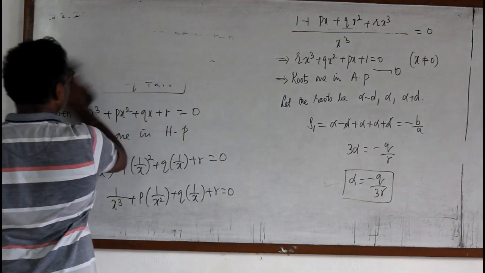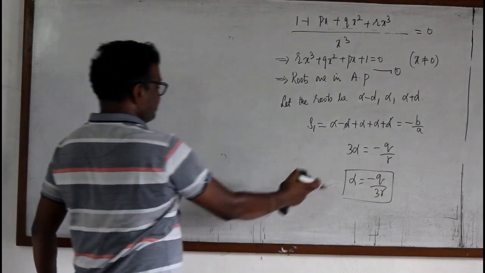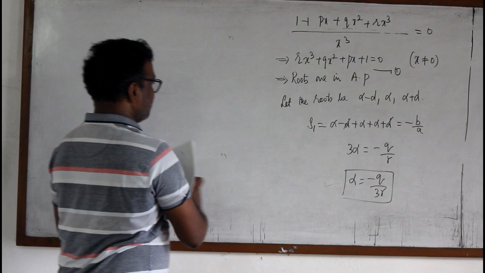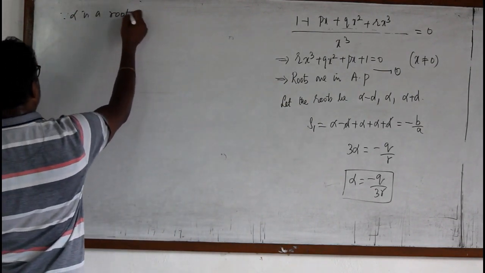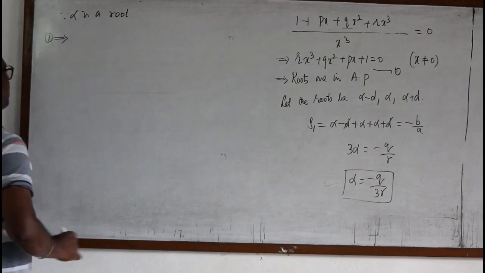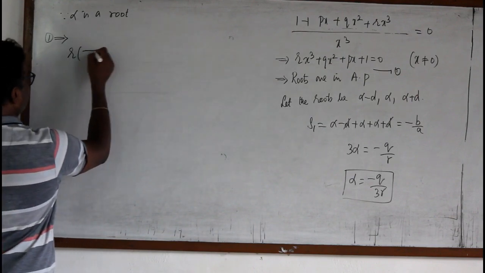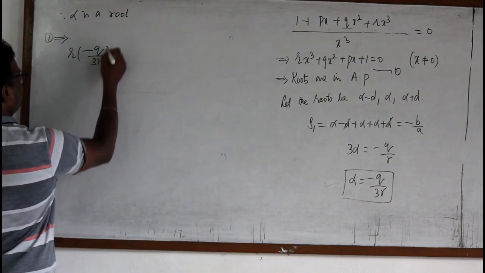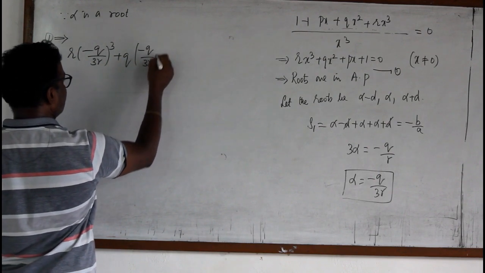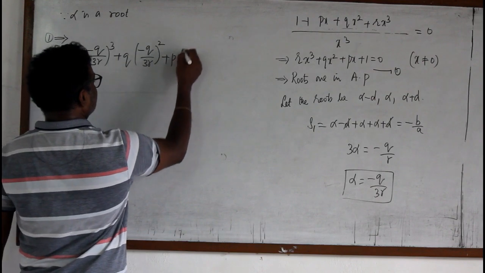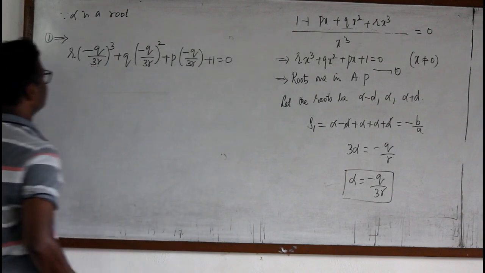Now, instead of finding the relationship between the remaining roots, alpha is a root, so alpha will satisfy 1. Since alpha is a root, I can substitute x as alpha: r into minus q by 3r the whole cube, plus q into minus q by 3r the whole square, plus p into minus q by 3r plus 1 equal to 0.